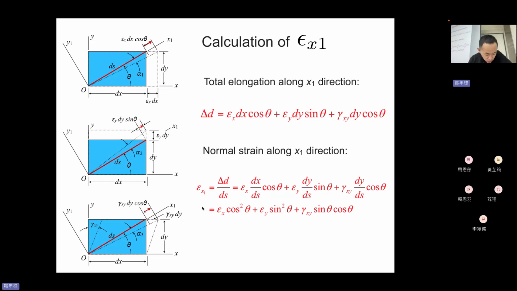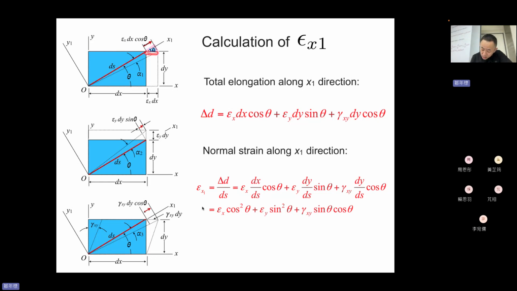We need to use this triangle, and this is theta, right? And you see, what is this length? This length is epsilon x dx, right? Epsilon x dx is the deformation, the displacement in the x direction.